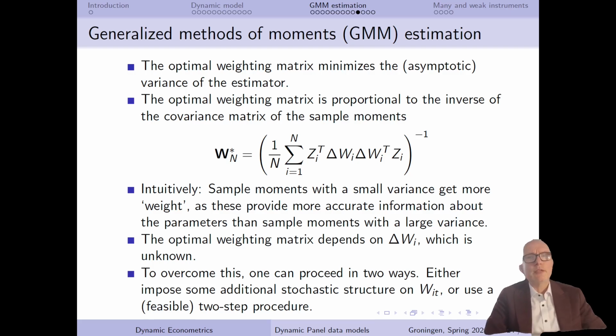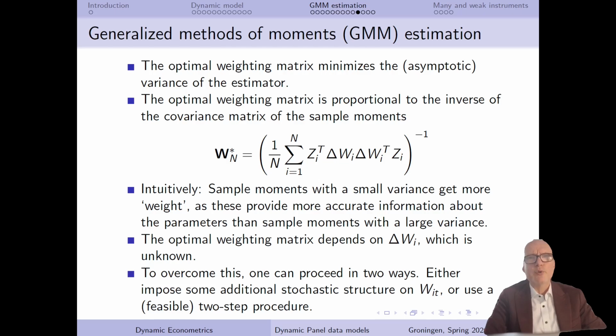Take into account that there is a nice intuition behind this. You should realize that sample moments with a small variance get more weight in this case, as these provide more accurate information about the parameters than sample moments with a very large variance. At the moment that you have a sample moment that has a very large variance, why would you take that sample moment a lot into account when you estimate gamma hat?